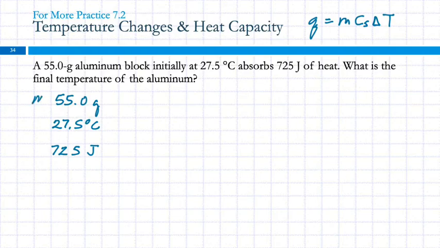So I'm going to label this M. Is this delta T? No. That's the initial temperature, right? It's initially at 27. So this is T initial. And then 725, what should I label that? Q. That's the heat.